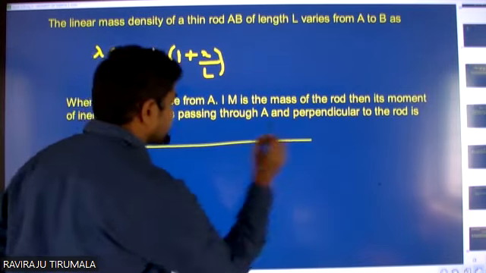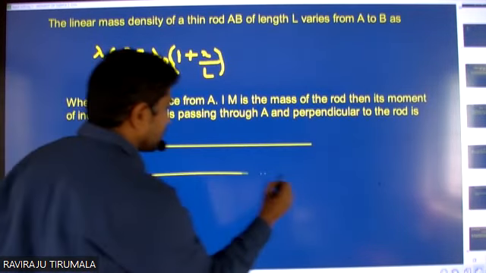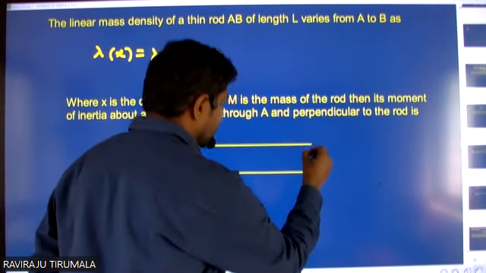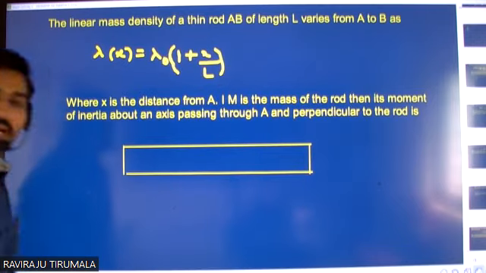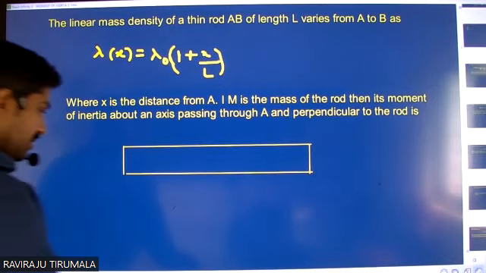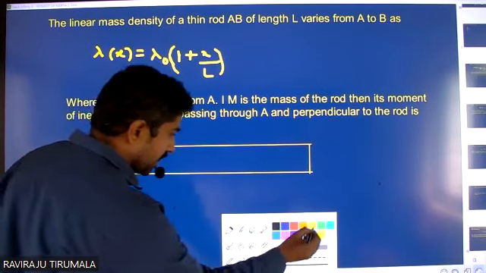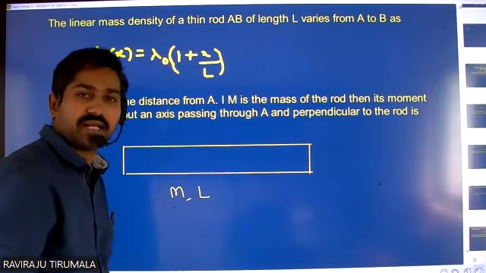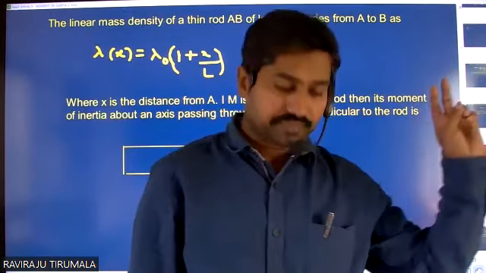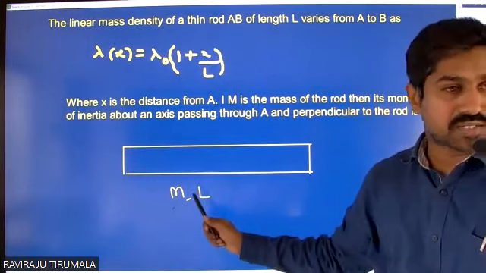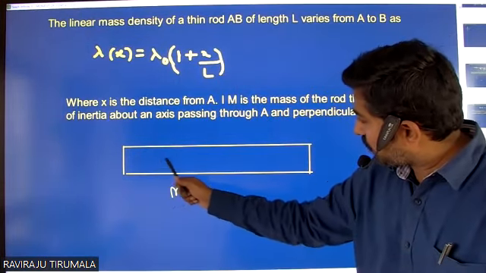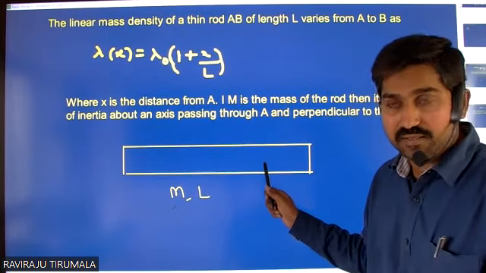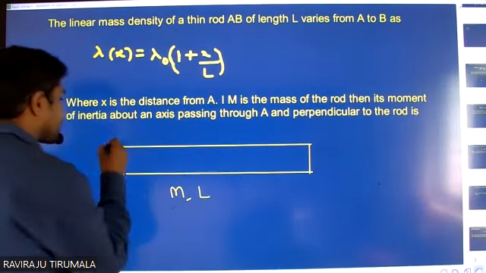For example, let me consider a rod of mass M. The mass of the rod here will be M and the length of the rod is L. But according to the given question, density is not constant. That means while going from one point to another, density always varies. And they have named the rod AB.